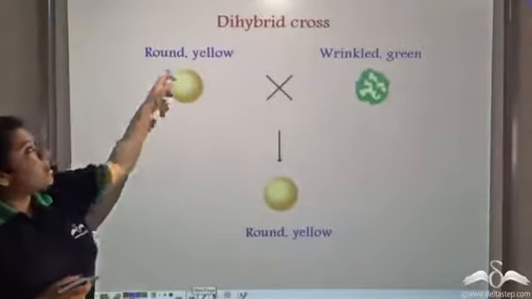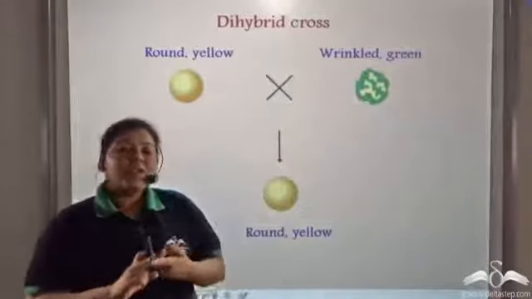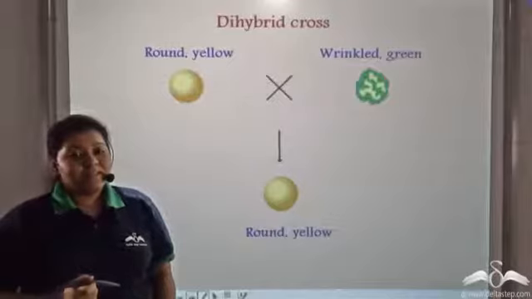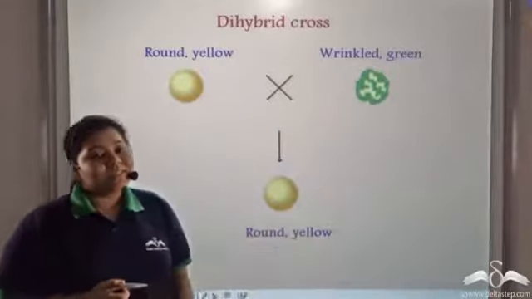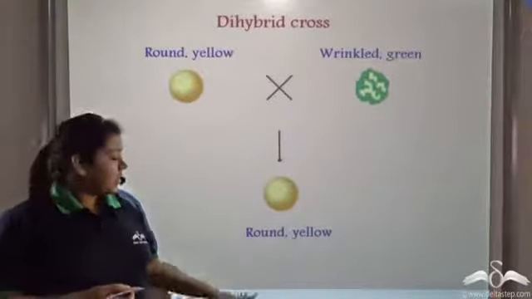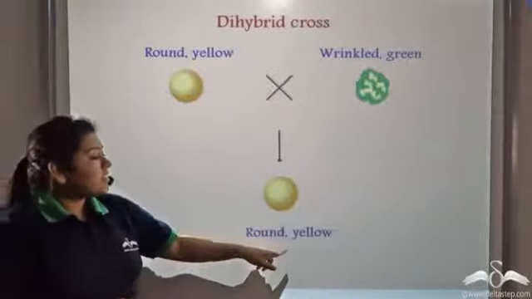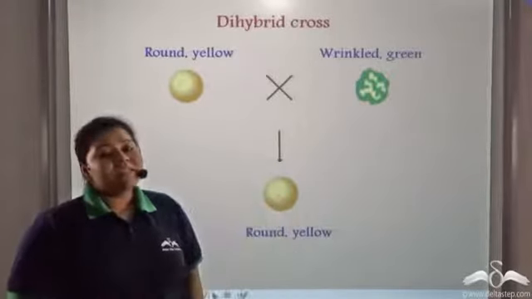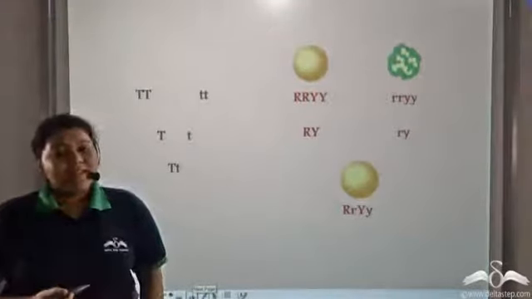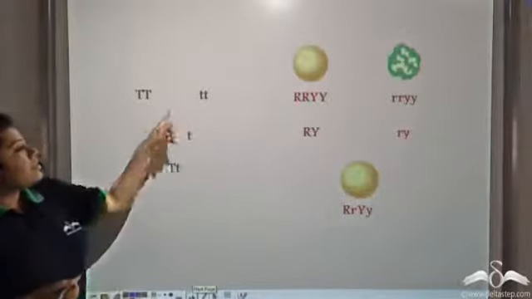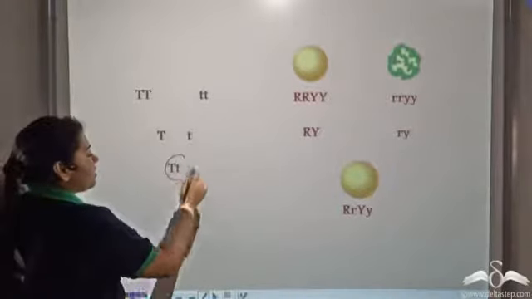So he took round and yellow peas and wrinkled and green peas and crossed them for reproduction. The first generation that was yielded had round and yellow seeds. From here he understood that roundness is dominant over wrinkledness and the yellow color is dominant over the green color. Now just like in the monohybrid cross, reproductive cells get halved and then they form the next generation with a mixed genotype.